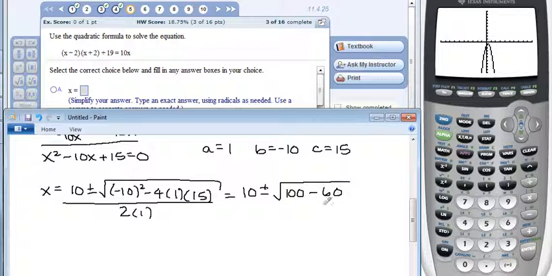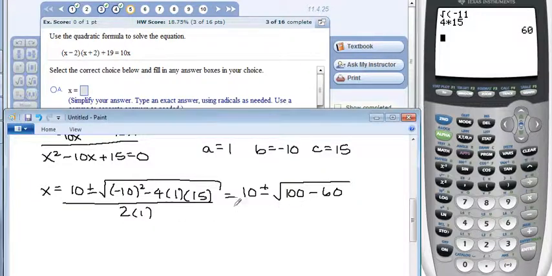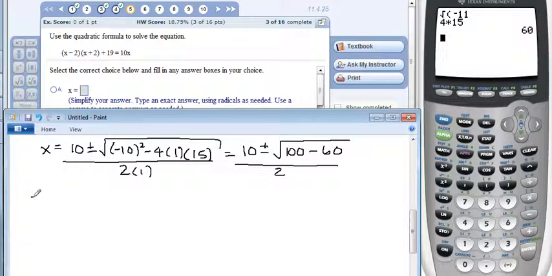Is that right? I think it is. I don't want to start messing up this early. 4 times 15 is 60. 2 times 1 is 2. 100 minus 60 is 40 over 2.